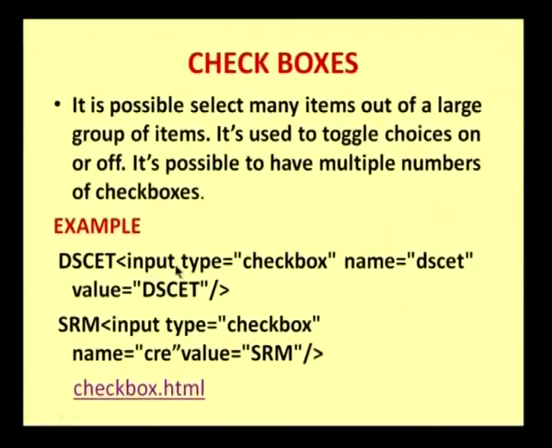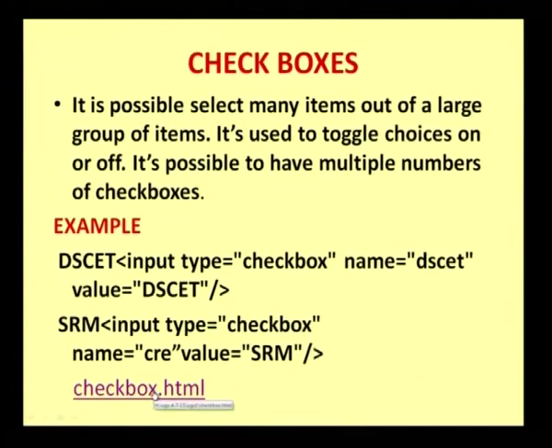As usual, the input tag with the type differentiated as checkbox. For the scroll list we use the select tag, for checkboxes we use this checkbox type. In the type attribute we have to give checkbox, the name of the checkbox, and the value to be displayed. Here for the checkbox I have created the colleges' names. Here DSET, here SRM.